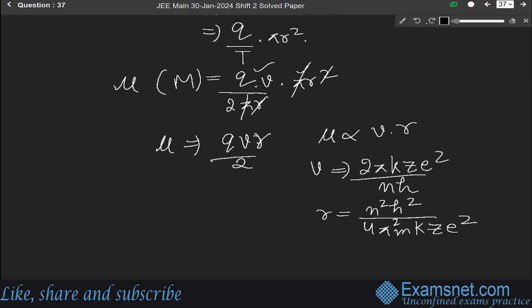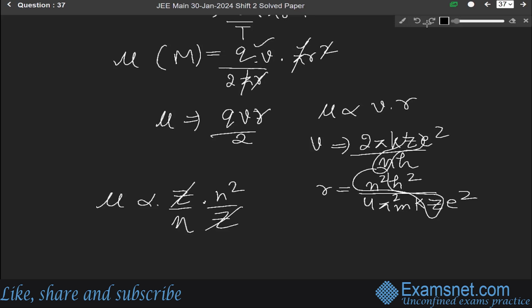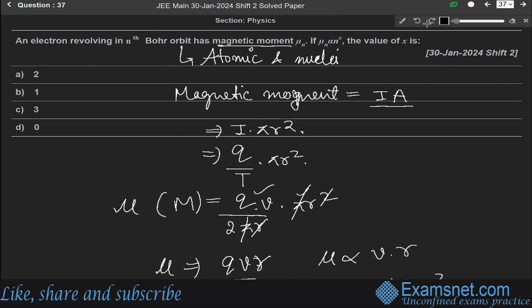So from this, the magnetic moment mu is directly proportional to V, which is Z over n, and r is proportional to n square over Z. So Z cancels out, and n cancels one power. So mu is directly proportional to n, meaning n raised to the power 1. So the value of x here is 1.